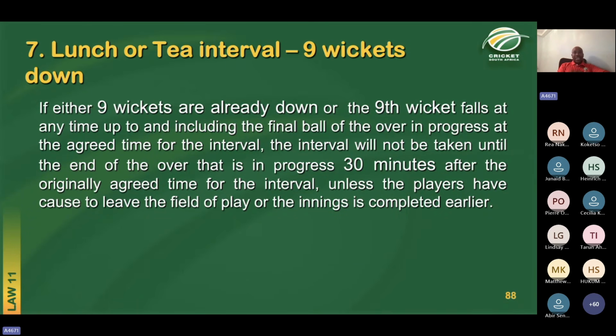We have to take lunch latest 30 minutes after the scheduled lunch break. But of course, we will learn later that we need to take an interval at the end of an over normally. Okay, that's if a wicket doesn't fall.